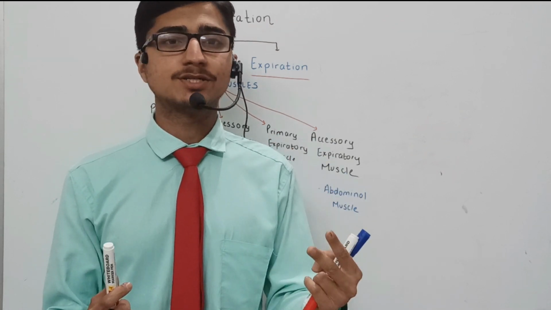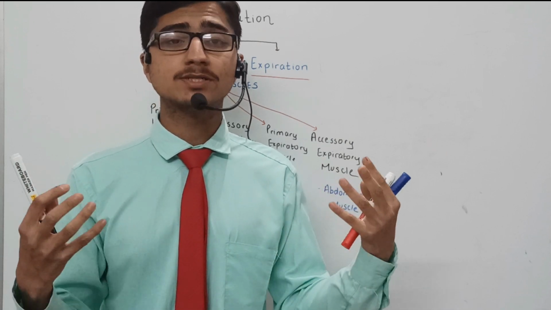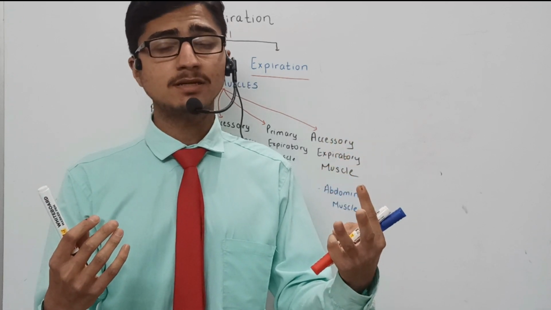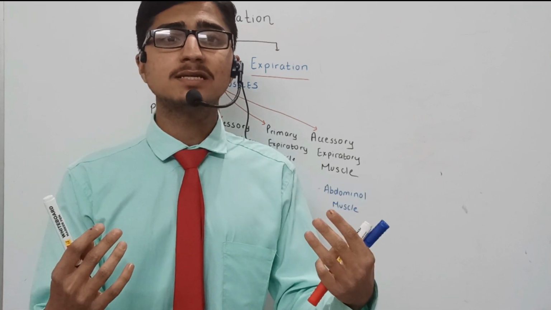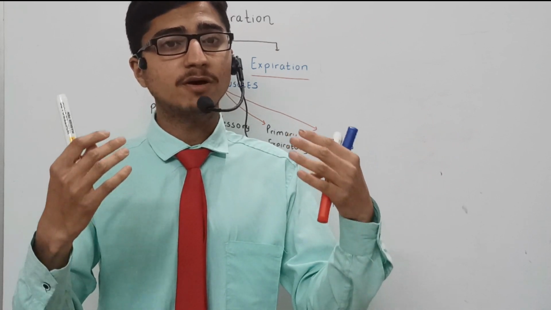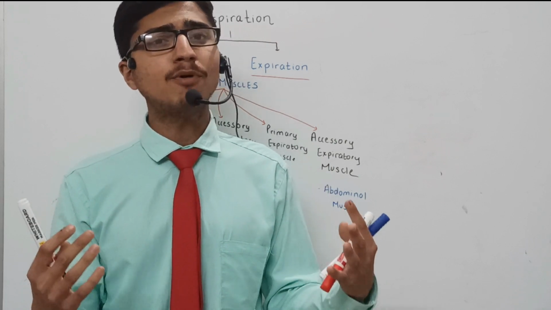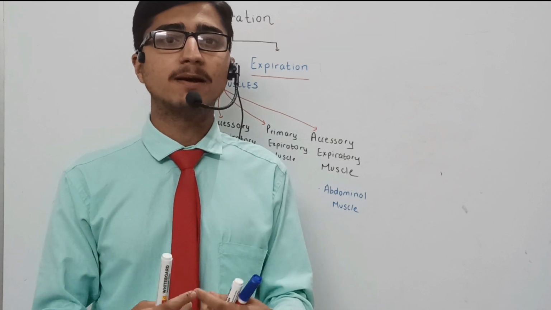The second important structure present in the thoracic cage is the upper costal series. The third important structure is the lower costal series. The upper costal series involves ribs number 1 to 6. And the last and the most important structure of the thoracic cage is the diaphragm.